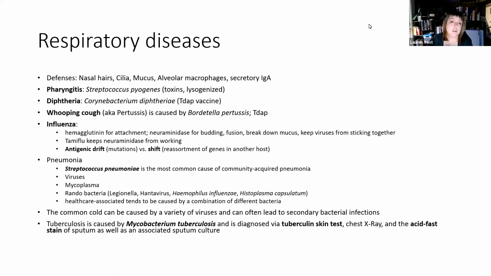And that inflammation from the spread around in the lung is what's going to be causing coughing up stuff and coughing up blood, and leading to consumption, essentially, which is losing weight and becoming anemic and becoming anorexic and all of the stuff that's associated with what we think of as typical tuberculosis.